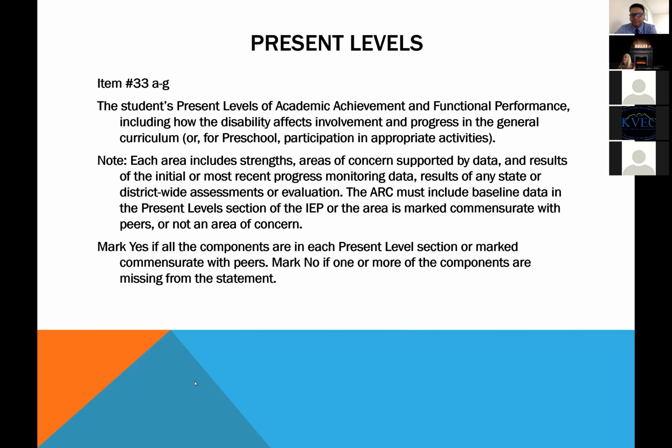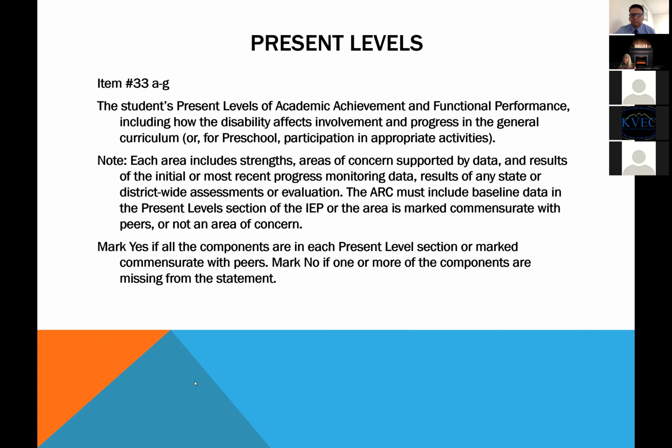KDE found that we're leaving out some strengths. We're leaving out baseline data, progress monitoring data. So we need to make sure that we have a little check sheet or something, and we make sure all those pieces are in that present levels. When you read that present levels, you ought to be able to see that child, where the child is at, what skill that child needs to be on, what kind of goal that we're going to write, all the way through that.